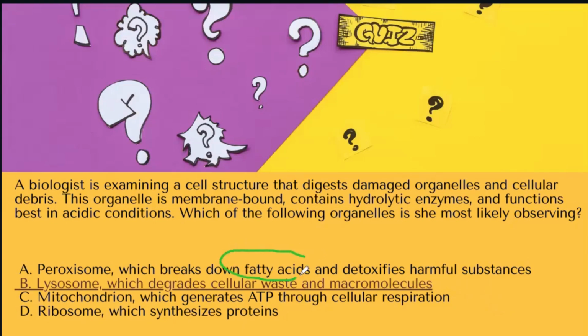And if you remember, we talked about lipids and we talked about fatty acids. And remember that for fatty acids, we have to synthesize lipids. And this is important for neutralizing what we call hydrogen peroxide, which is considered very toxic. So this makes sense why we say detoxify harmful substances with peroxisomes.